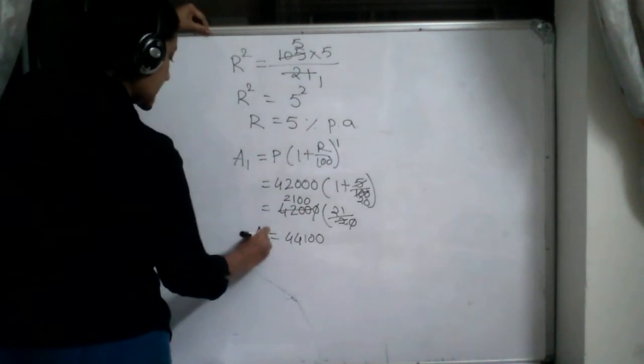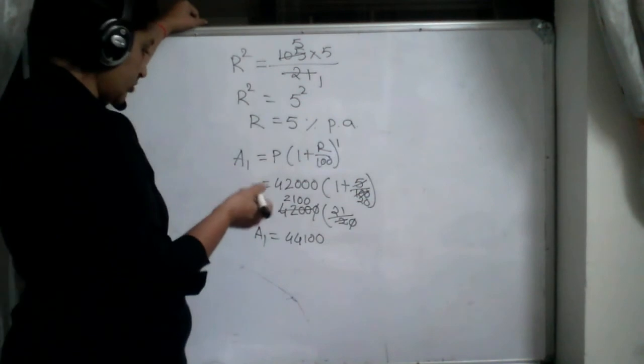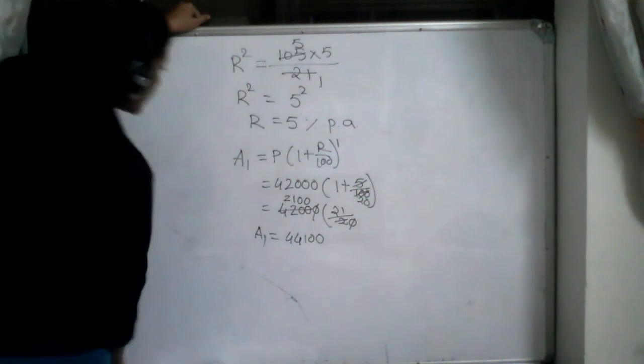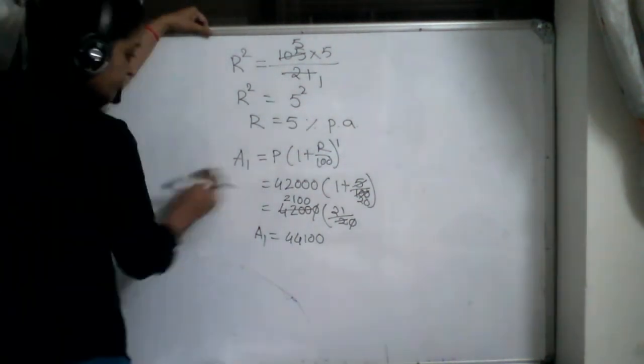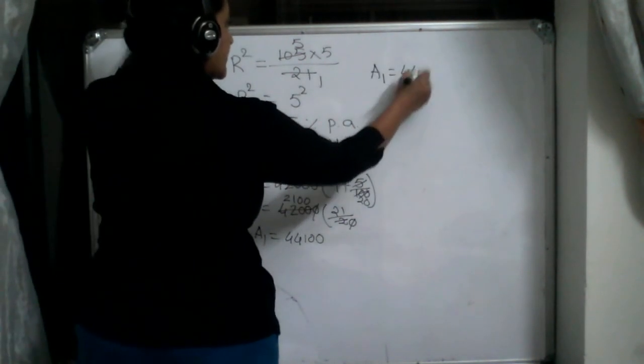So this is A1. Now if this is A1, we can find out A2 also. Okay, how do we find A2? Let's see. I'll be substituting the same things. A1 is equal to 441 double 0.